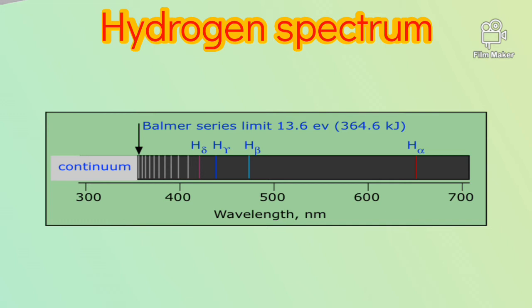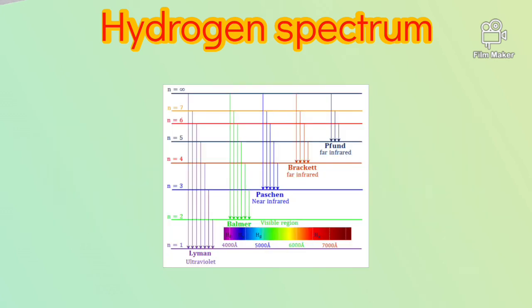It is caused by the falling of electrons from high energy levels to the second energy level. You can see the Balmer series of the hydrogen spectrum. It consists of the H alpha line, H beta line and H gamma line.